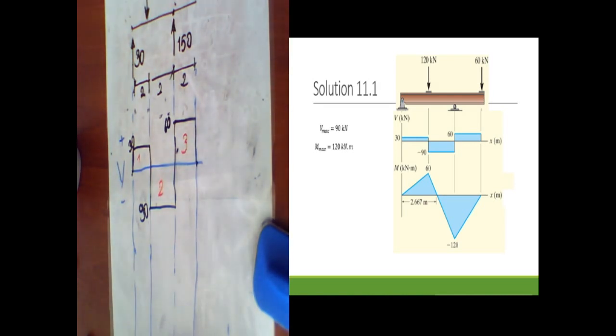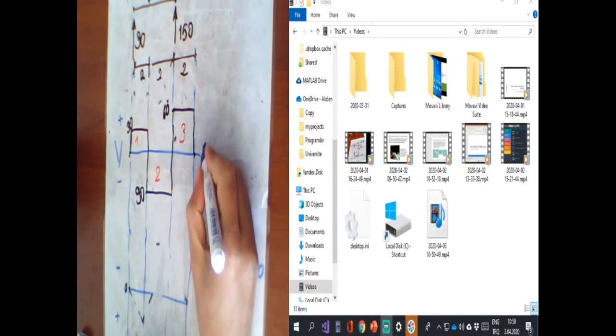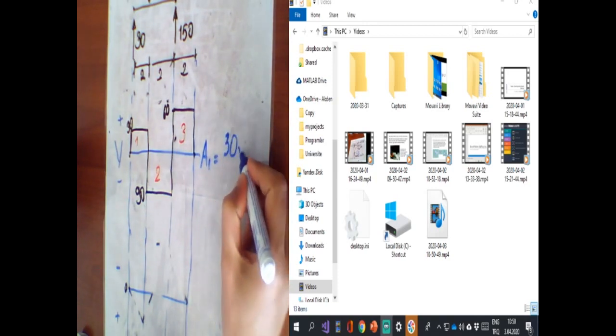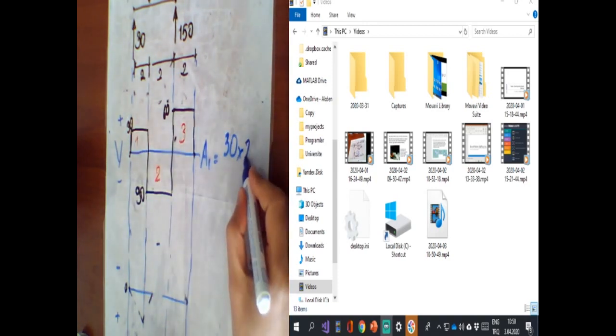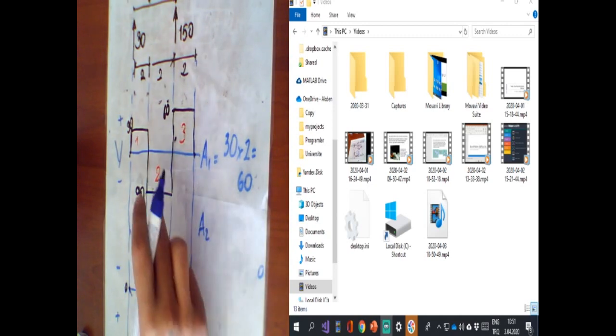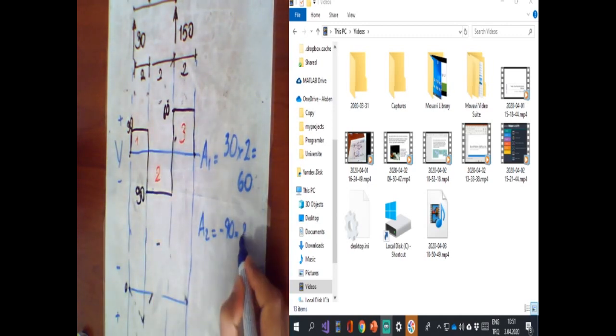So area 1 is 30 times 2, which is equal to 60. The second area, A2, is minus 90 times 2, which is equal to minus 180.